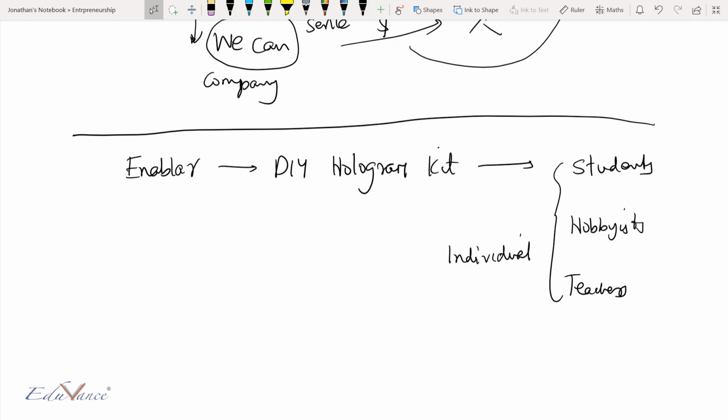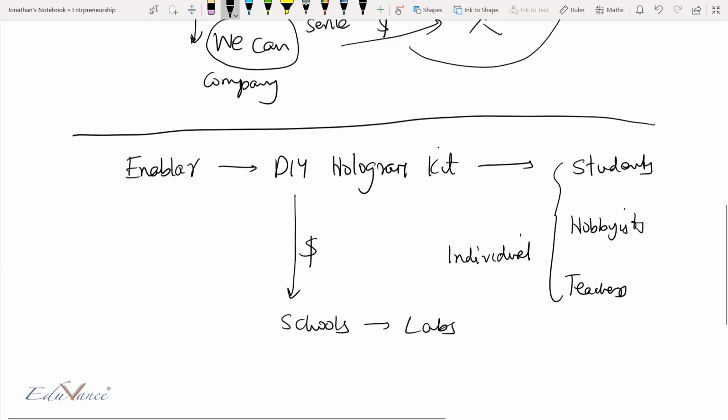Whereas now there are certain schools who buy these hologram kits from Enabler for a fee, and they set up labs. So schools, even though they are not a company, we will consider as a business, whereas students, hobbyists, and teachers are individuals.